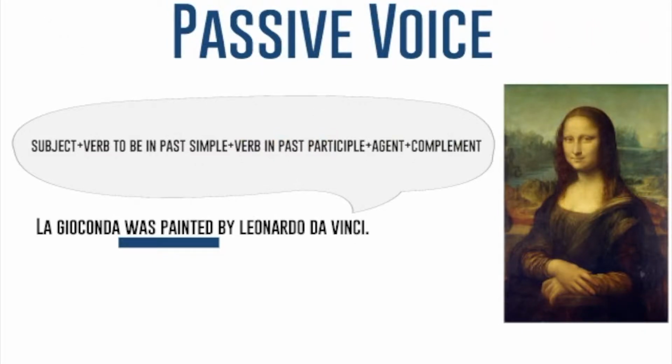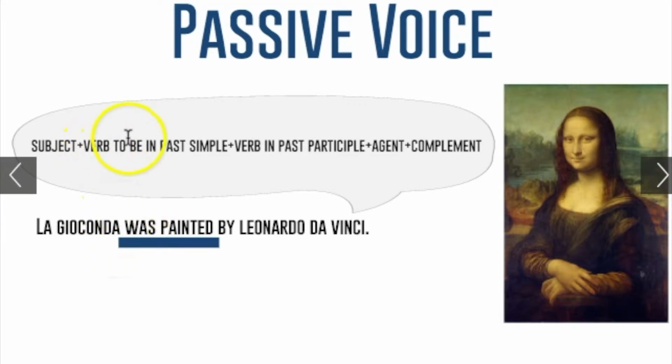Here we have La Gioconda was painted by Leonardo da Vinci. The structure is subject, in this case La Gioconda, which was the object of the sentence in the active voice.